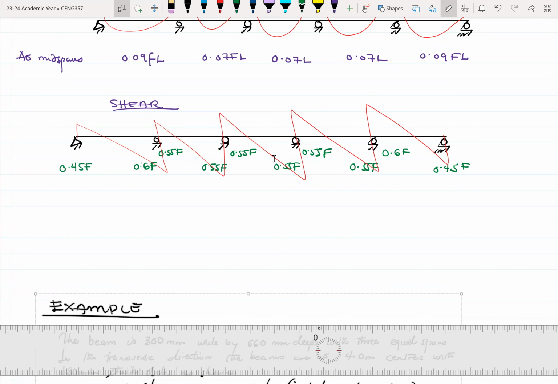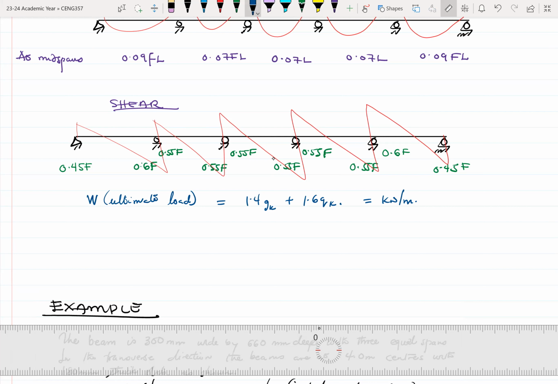Usually we find W, right, which is the ultimate load. All right, W is the ultimate load or the design load, which is equal to 1.4 GK plus 1.6 QK. All right, so that's the W. Now, typically your W will be in kilonewtons per meter. Okay.